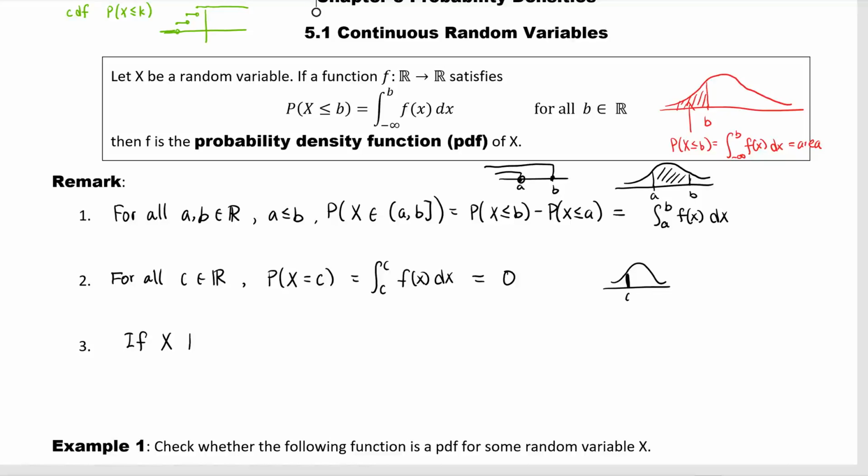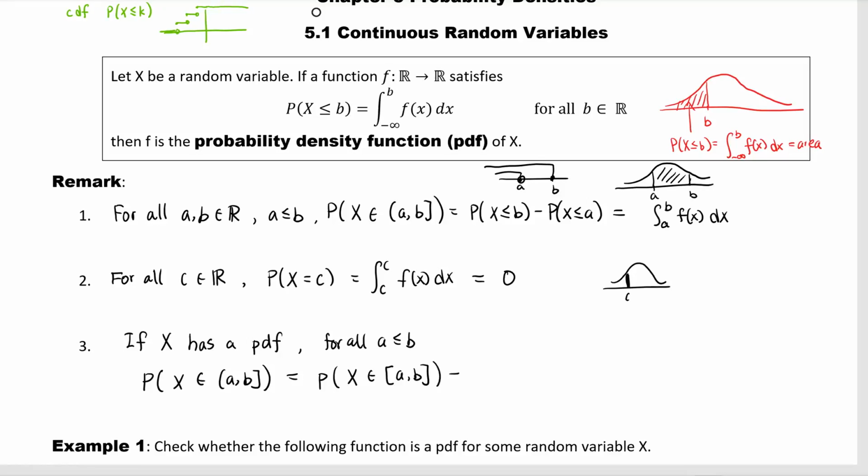If X has a PDF, then for all a less than or equal to b, the probability of X in (a, b) equals the probability of X in [a, b], and so on for the other intervals, because the probability at a single point is 0.